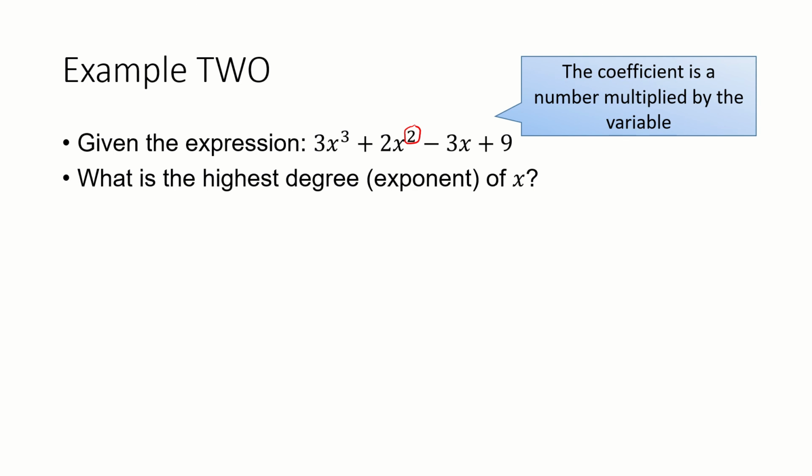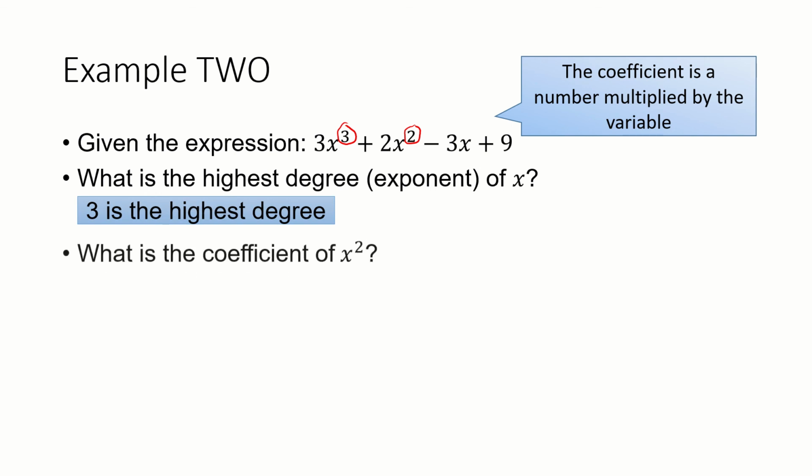No, it's not 2. The highest exponent in that given expression is 3. 3 will be the highest exponent. What is the coefficient of x squared? I did tell you guys in the previous slide, the coefficient of x squared will be positive 2.